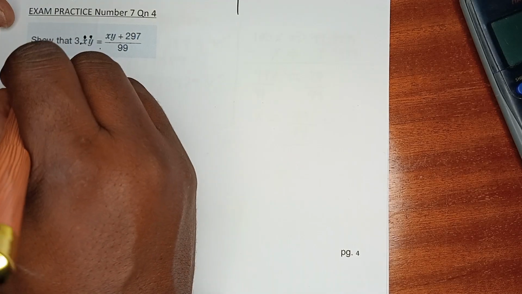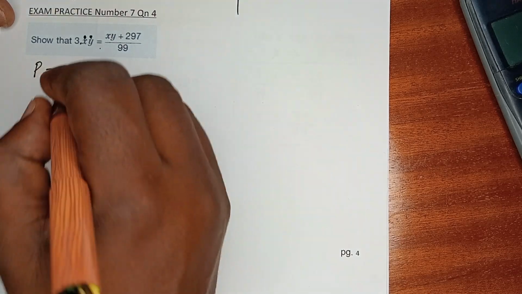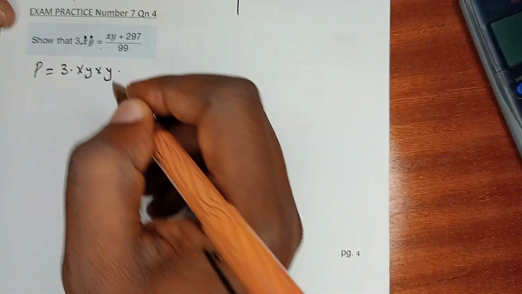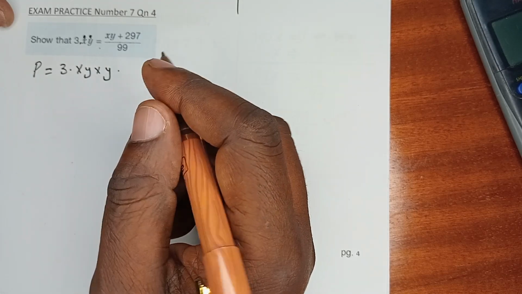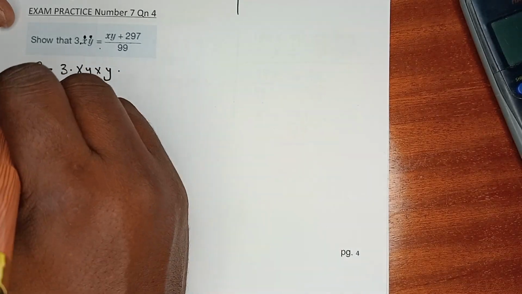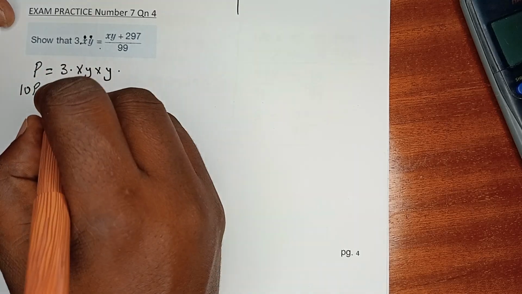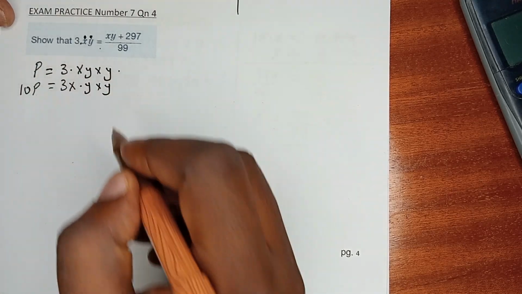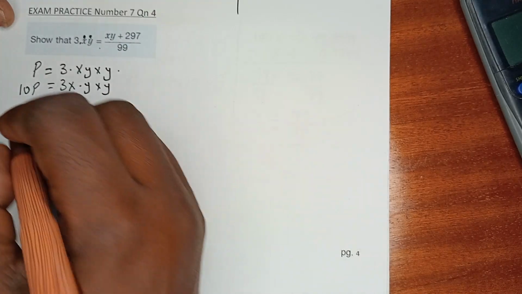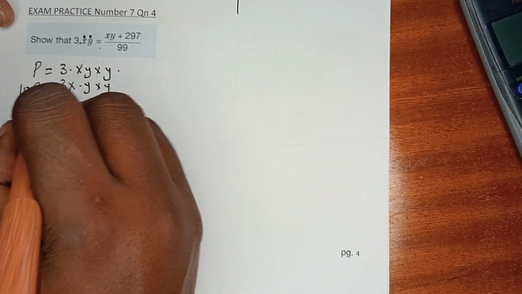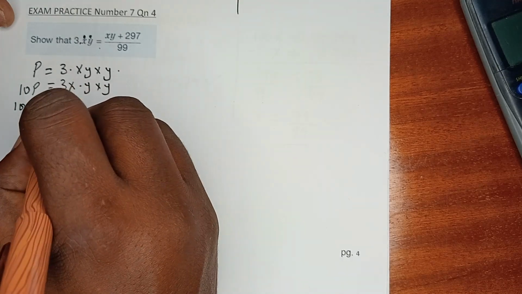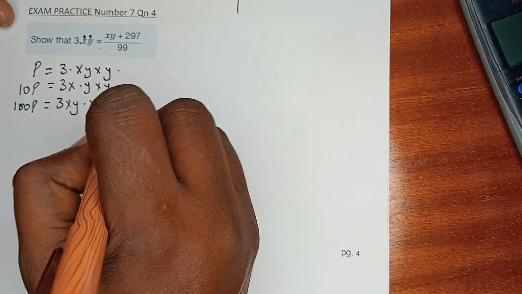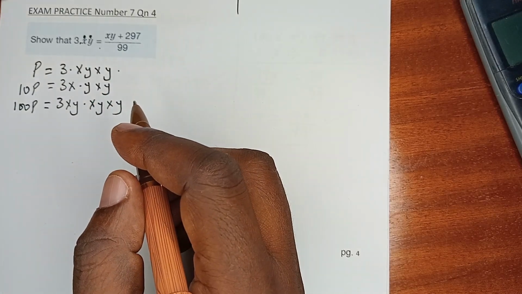So let's have p equals 3.xyxy. Moving forward, 10p is 3x.yxy, and 100p is 3xy.xyxy.